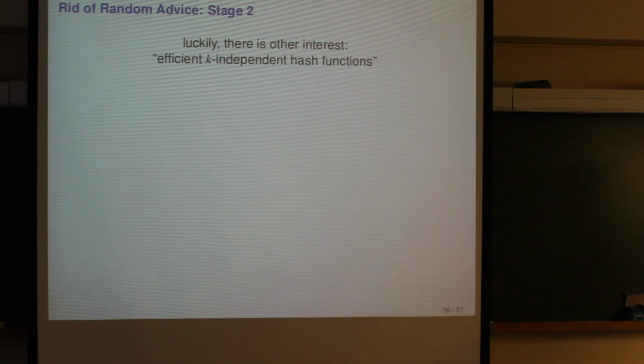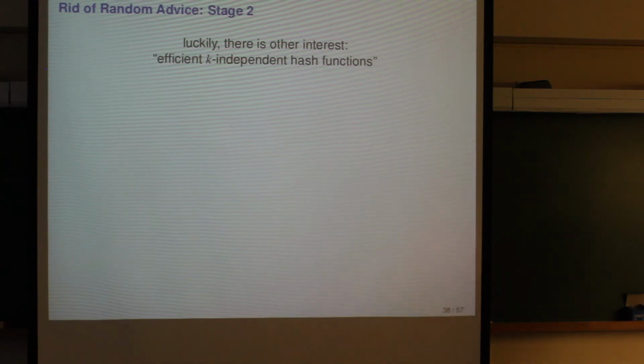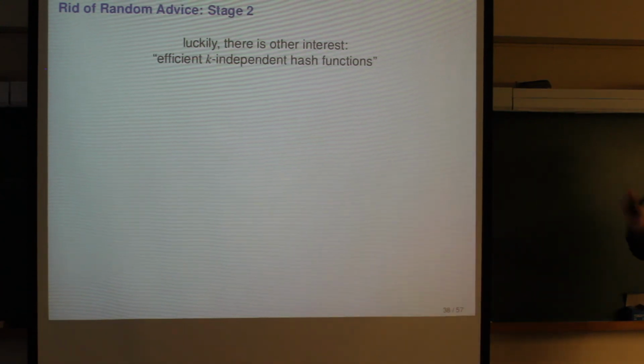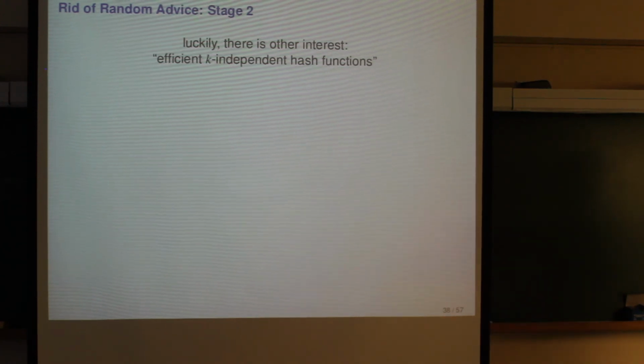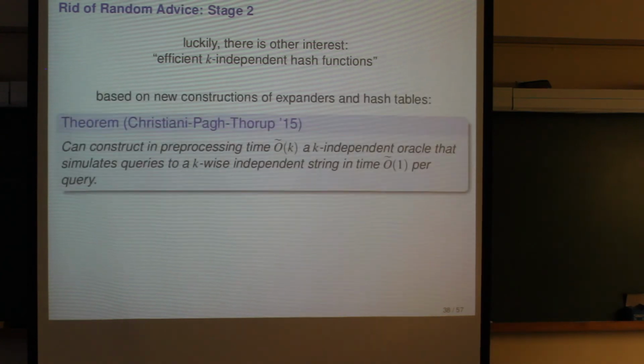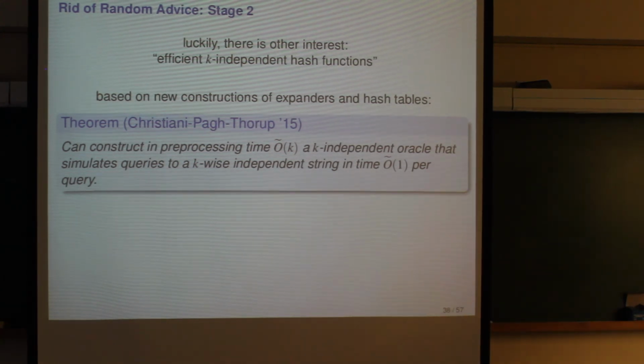Namely, there is other interest in this kind of object. It goes by the name efficient k-independent hash functions, which is basically just the question of whether we can assume query access to a k-wise independent random string without completely generating it beforehand. And there is very recent work by Christiani, Pagh, and Thorup, and it's nice because before this work, we wouldn't know how to solve this problem.